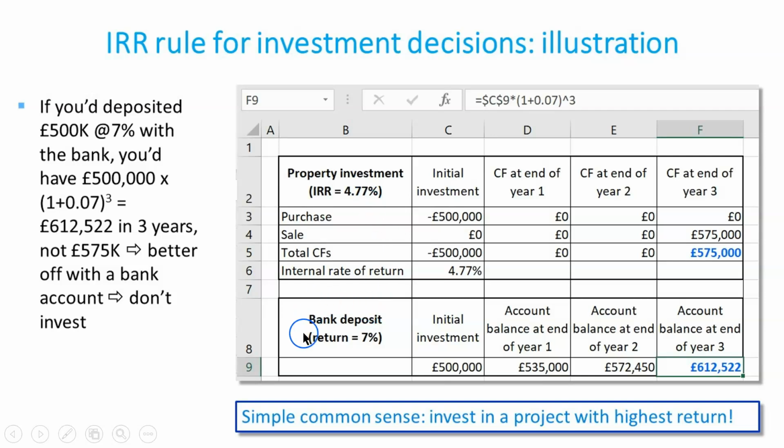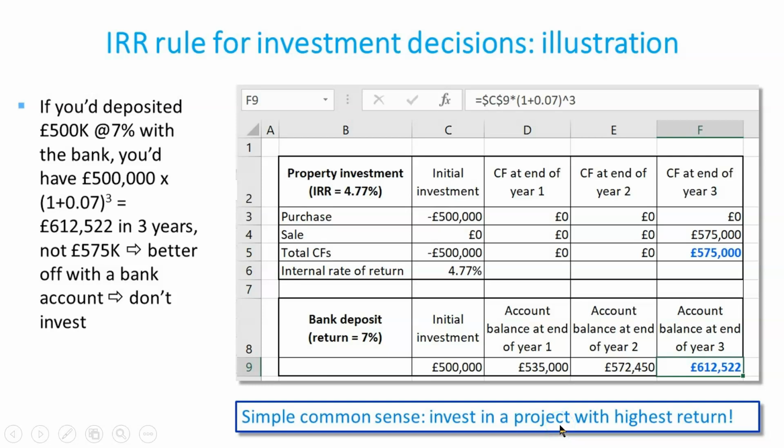However, if we invest the same amount of money, £500,000, at a bank account, which generates 7% return, at the end of the same period, year 3, we would have a larger sum of money. We would have £612,000 rather than 575. We are better off with a bank account, and these numbers shown in blue here demonstrate the difference in different projects.